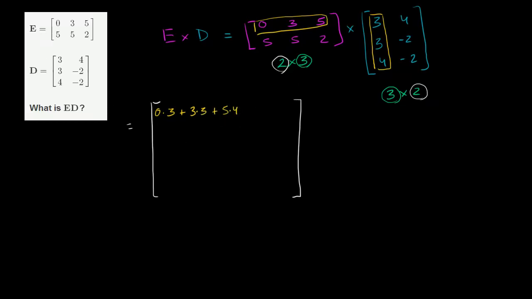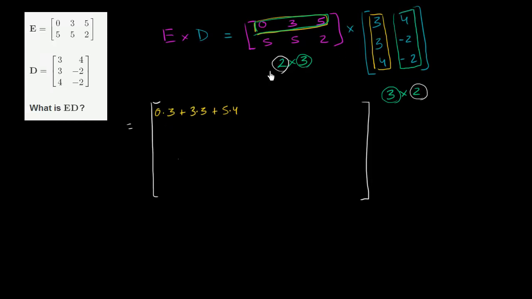So that is the top left entry, and I already see that I'm going to run out of space here, so let me move this over to the right, so I have some breathing room. Now we can do the top right entry. This was the top left, now we're going to do the top right. So the top right entry is going to be this row times this column.